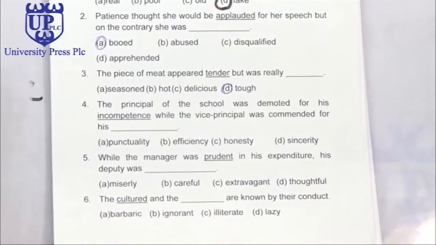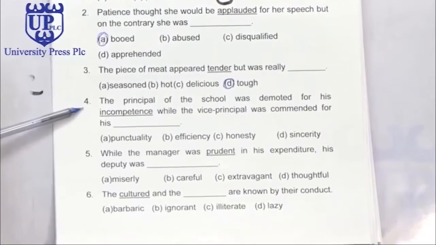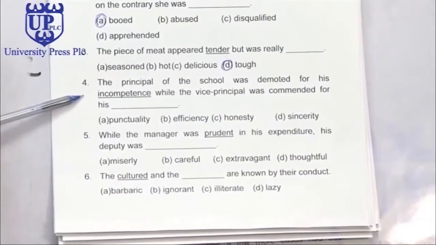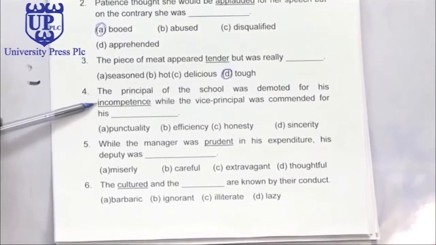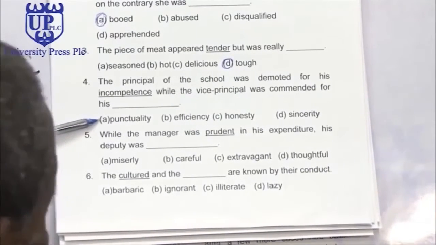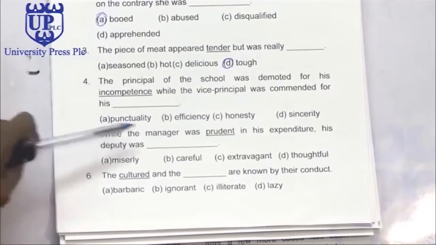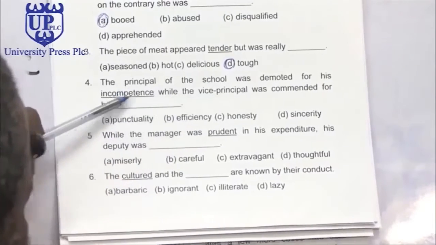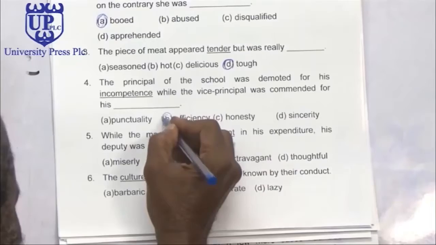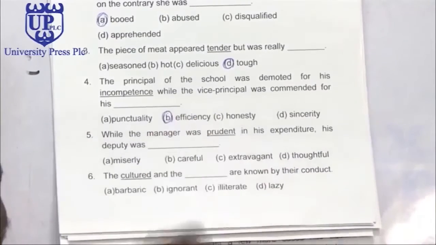Then we have: the principal of the school was demoted for his incompetence, while the vice principal was commended for his dash. Incompetence means he is not performing well. And also not punctuality, that will not be right. The opposite one: we have efficiency. Incompetence, efficiency. That is the word that was opposite in that incompetence.